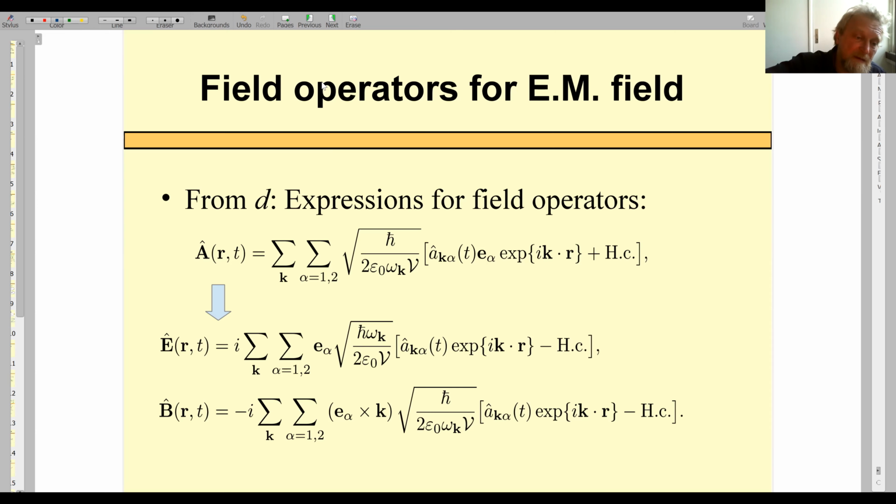We get to the electric field and magnetic field. The question is how. What did I do to arrive at these relations, starting from the formula for the vector potential?